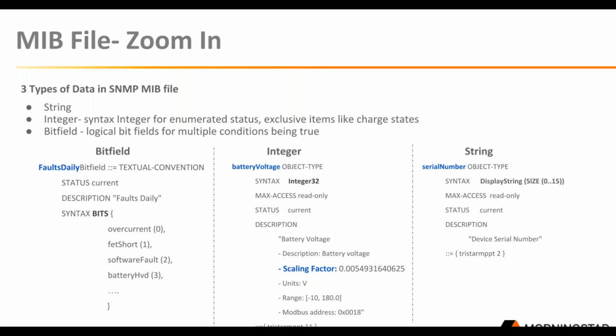When you scroll through it, obviously there's a lot of information in there to a pretty high level of detail. But what you'll find is there are 3 different data types contained in the MIB. Basic string, just like a text string, you can use to send any type of plain English text value without any additional conversion needed.